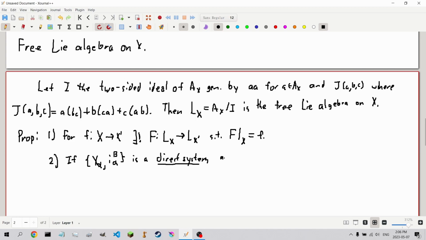And X is the limit of X alpha, then LX is the limit of LX alpha.